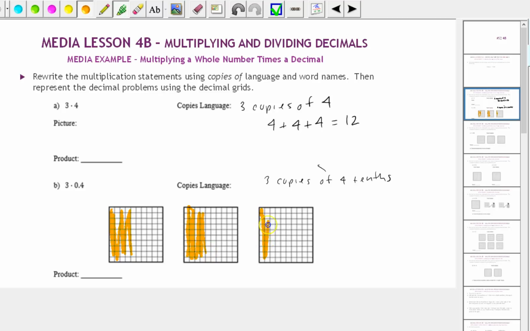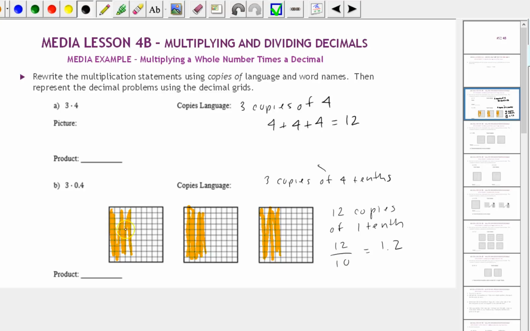So there would be our 3 copies of 4 tenths, and they would see that the result is 12 copies of 1/10, or 12 tenths, which we'd write as 1.2. So you can connect this to the fraction language if you'd like.